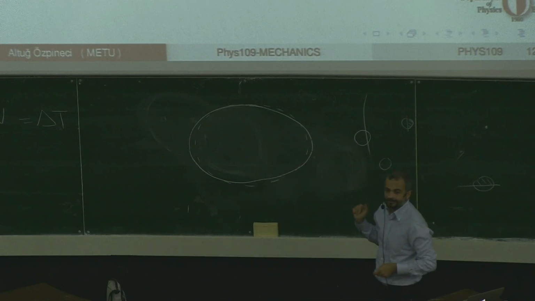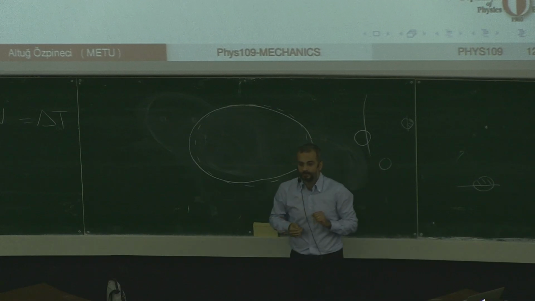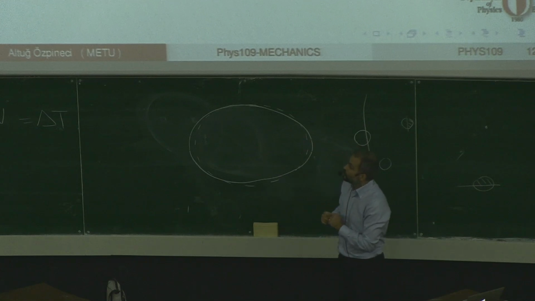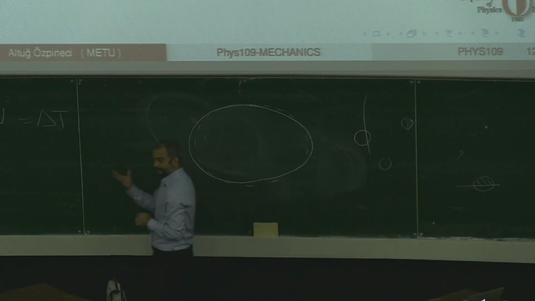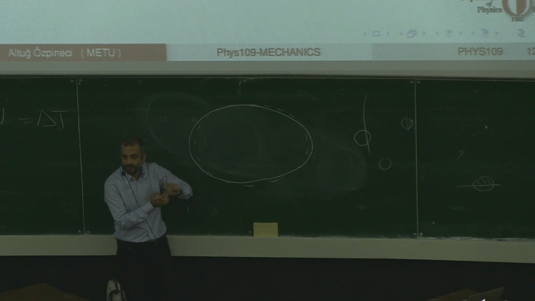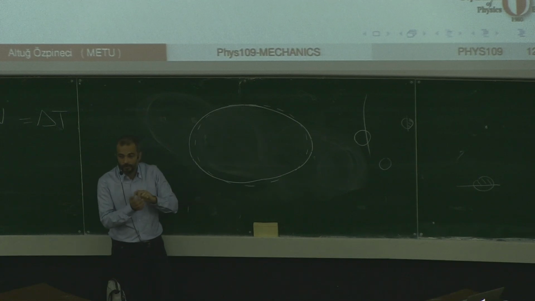But this means various masses inside the earth just redistribute themselves, they move relative to each other. Well, if they move relative to each other, then there's friction over there. The friction tries to prevent this relative motion. If you prevent this relative motion, you are losing kinetic energy.